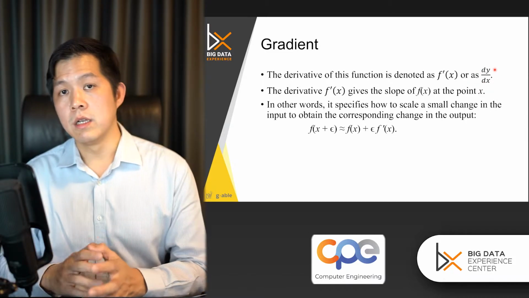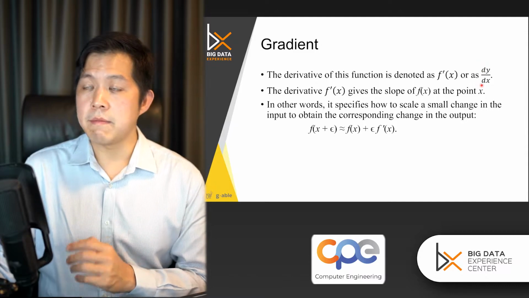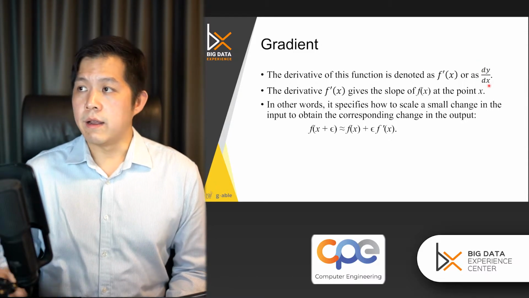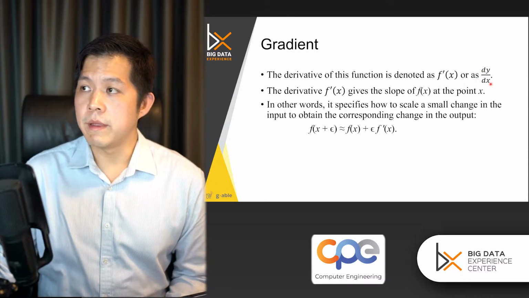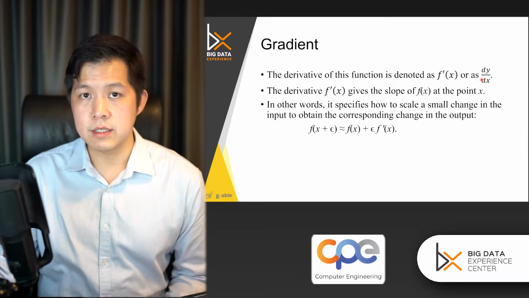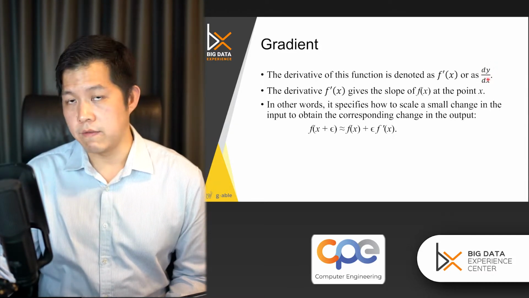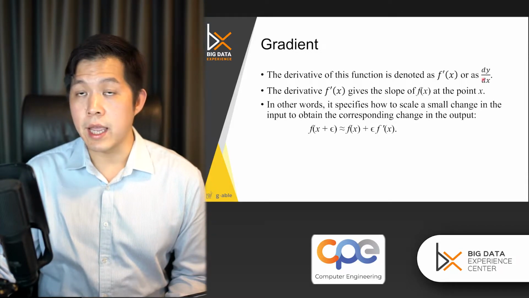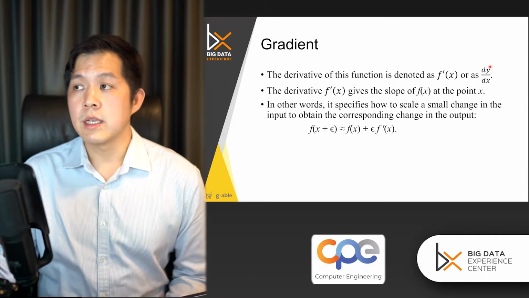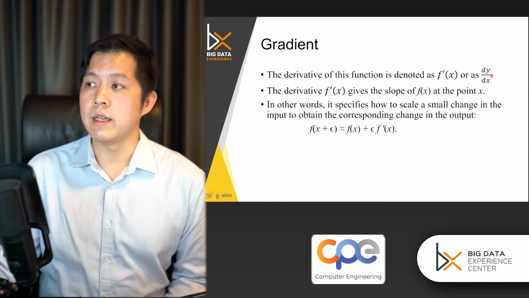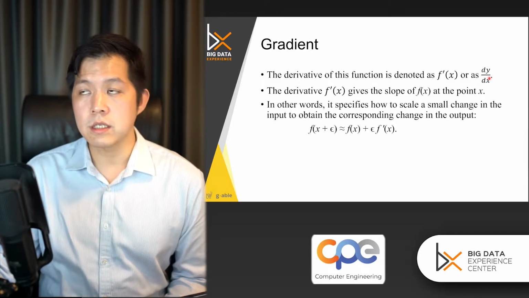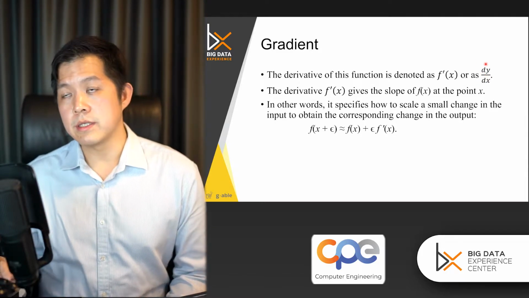So what does dy by dx mean? It means that you are calculating the change of y with respect to the change of x. If the value is positive, it means that if you increase x, y will also increase. If the value is negative, it indicates that if you increase x, y would decrease.